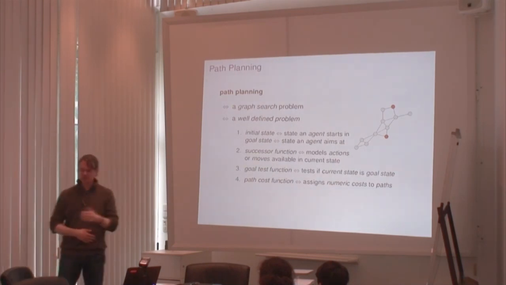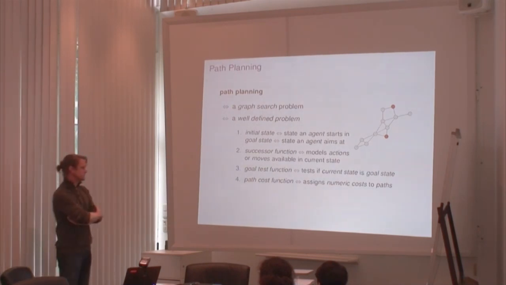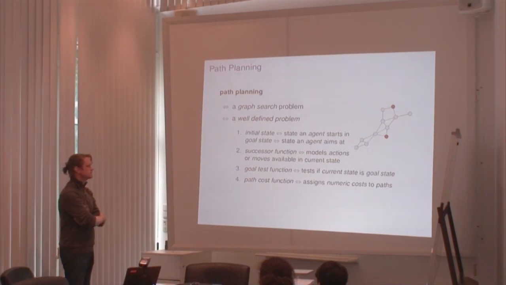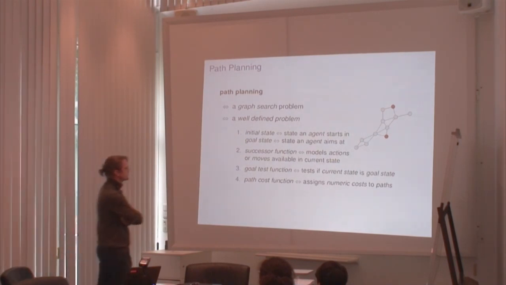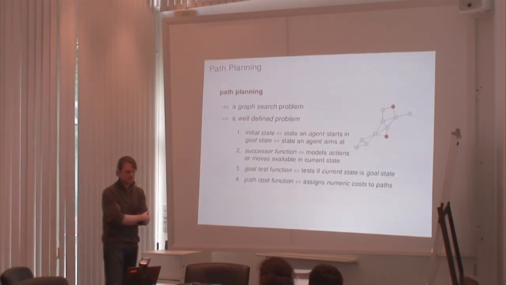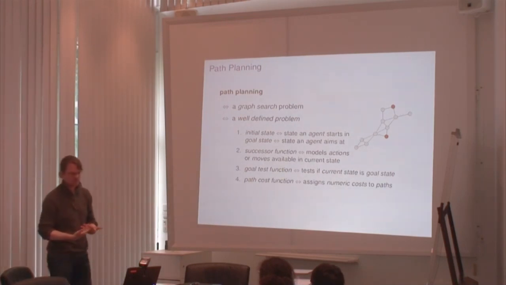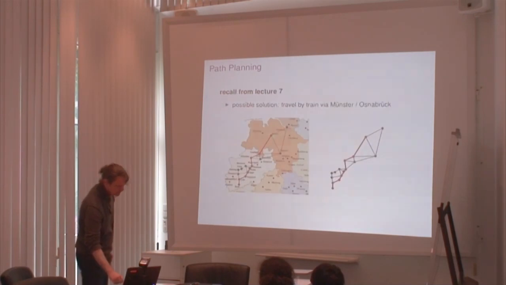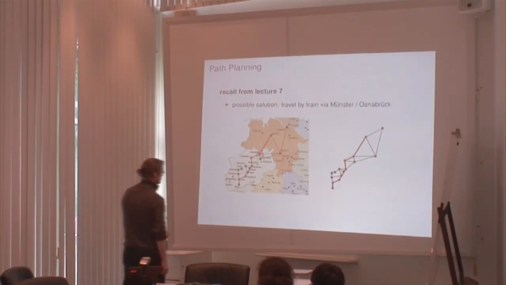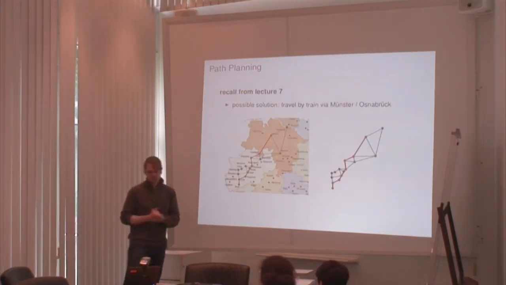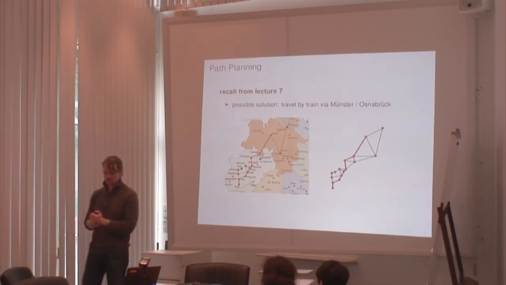In order to do that, we have to have the notion of a successor function, and we can think of this successor function actually as a representation of actions that are available to us. So to be more specific, say if I am in the city of Bonn, there are lots of actions available to me.